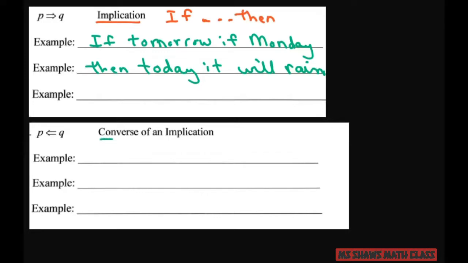Okay, the converse means you're taking your hypothesis or your proposition, and this is your conclusion. So now you're going to switch it.